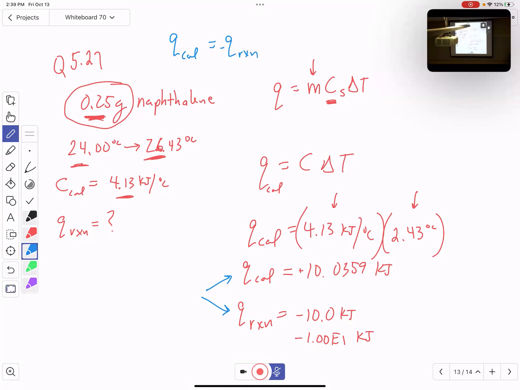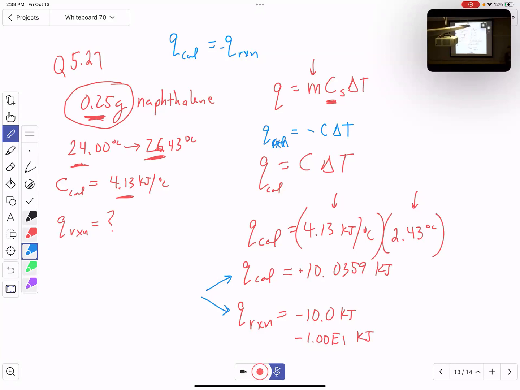And then there's a version of this equation where Q of the reaction is negative C delta T. But we're doing that same process right here by saying the calorimeter absorbs 10 kilojoules of energy, which means the reaction released that 10 kilojoules of energy. The energy needs to be opposite in that case.